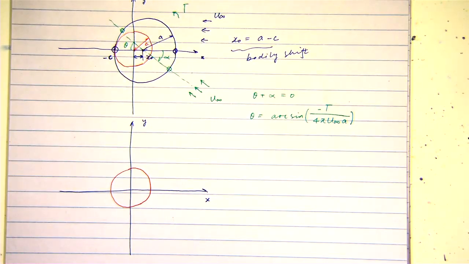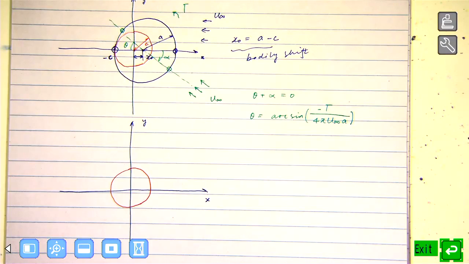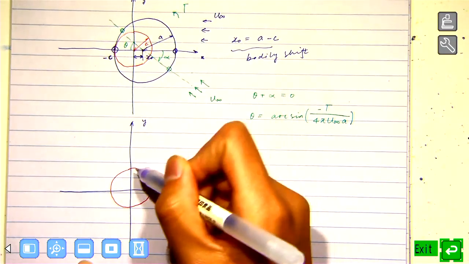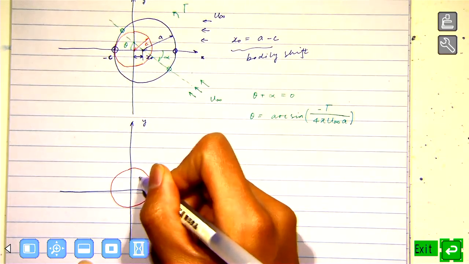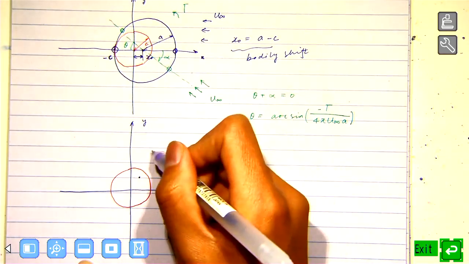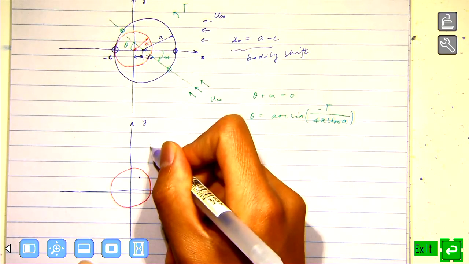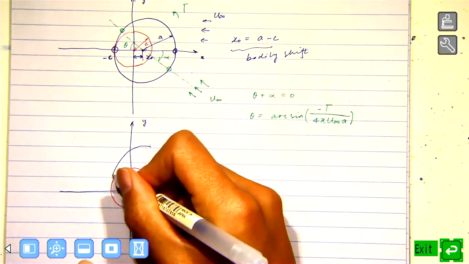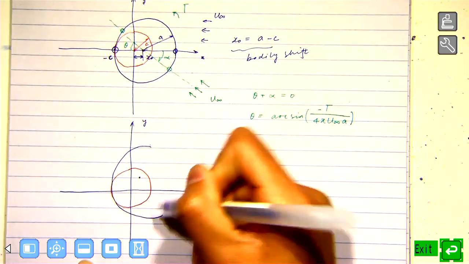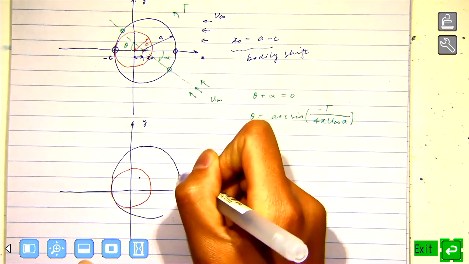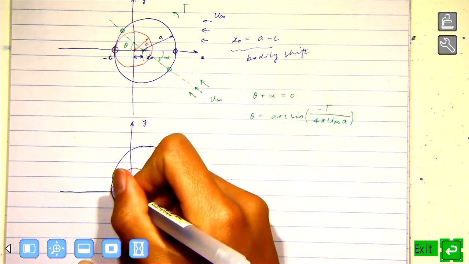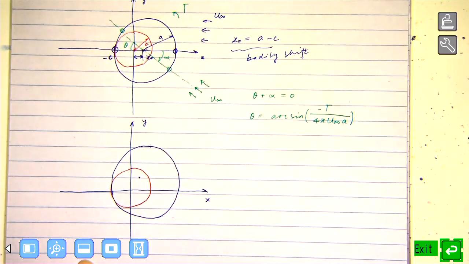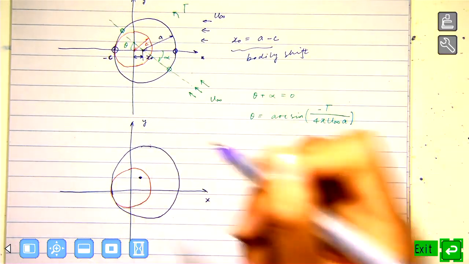So, for example, I can draw my blue circle here. This is the center of my blue circle, and then it will be shifted like this. Well, this is not very centered, but you know what I mean.